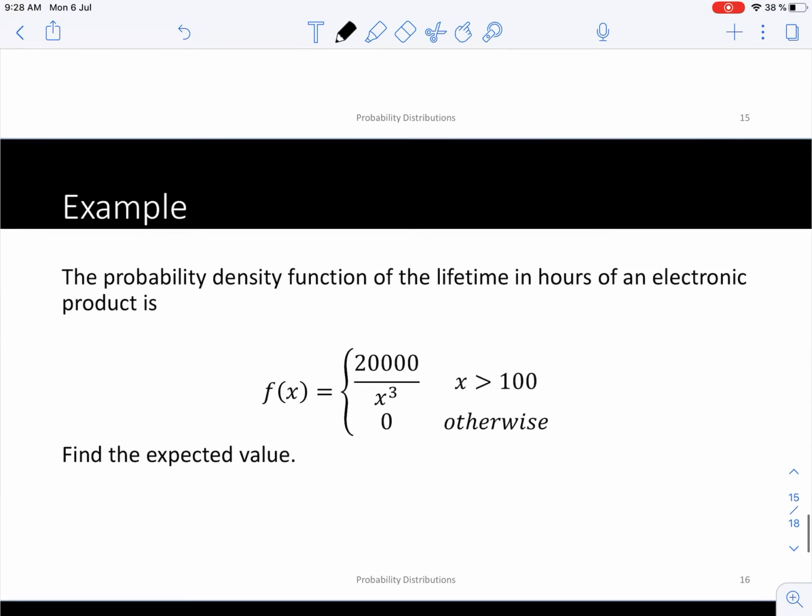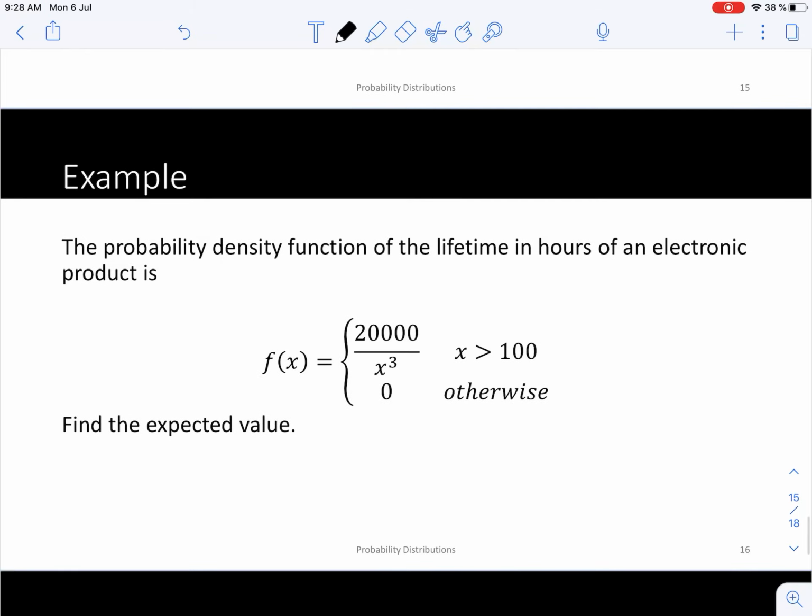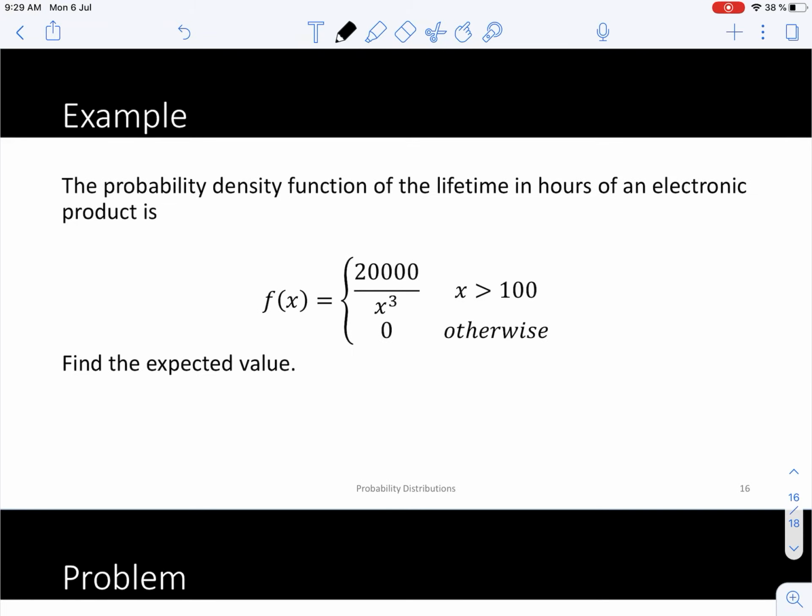So let's check this example. The probability density function of the lifetime in hours of an electronic product is as follows. So we're given the PDF. It says 20,000 over x cubed, right? And that's defined for x greater than 100, and it is equal to 0 otherwise, right?